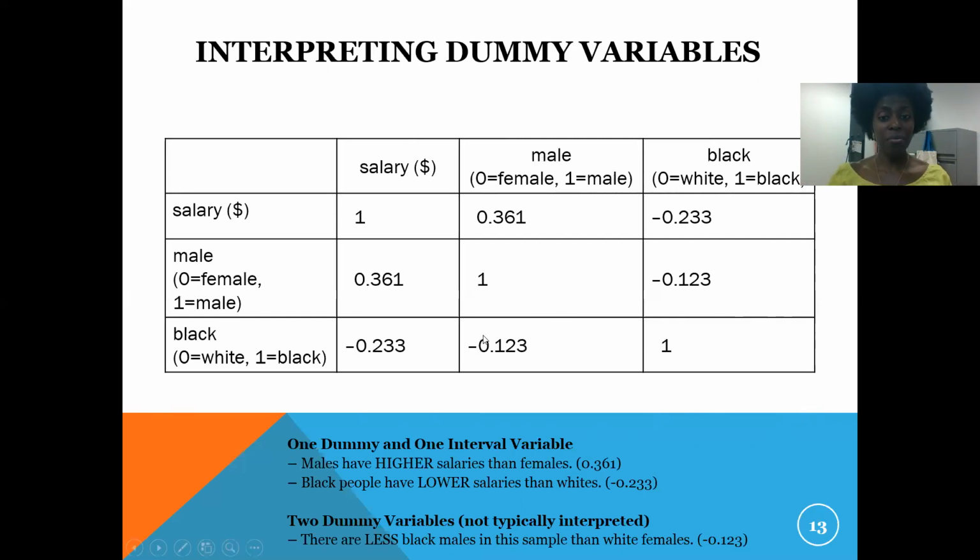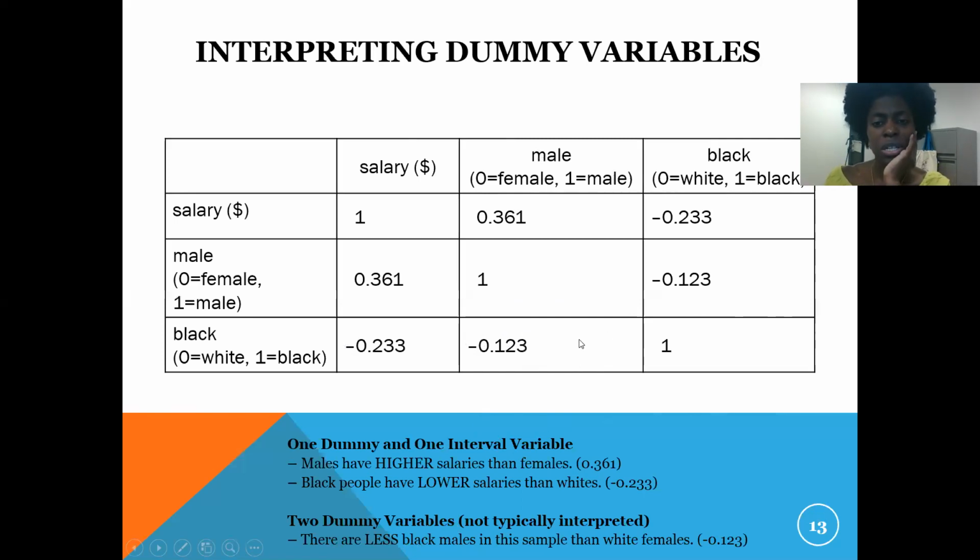So this number is essentially telling us there are fewer black males in the sample than white females. There are fewer black males in the sample than all other categories, really. But this is a number about proportion. It tells us nothing about relationship, a number about proportion, okay?